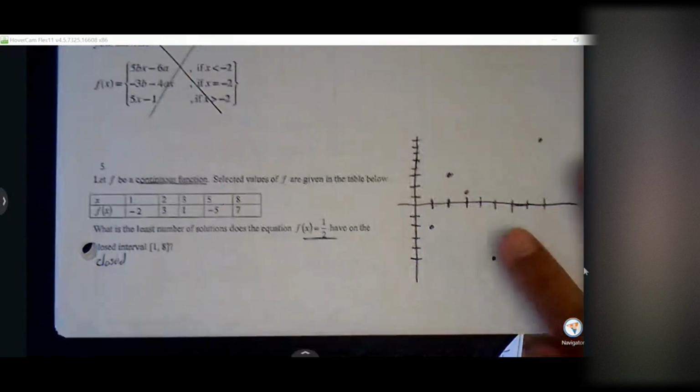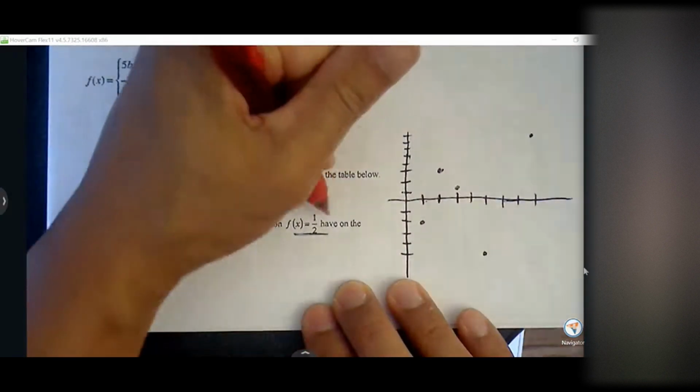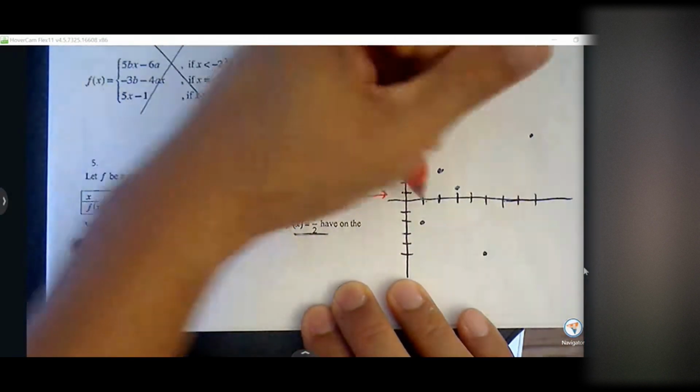So let me highlight where this y equals 1/2 is. So y equals 1/2 is right here.